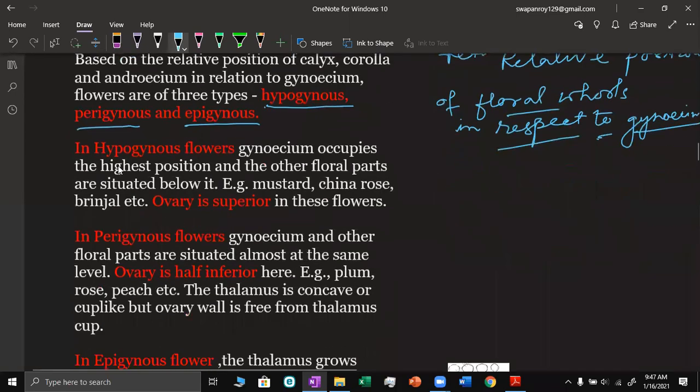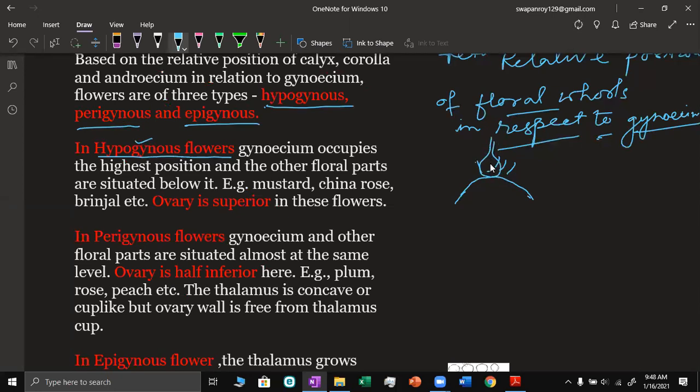Hypogynous means below the gynoecium. That is, androecium, corolla, calyx are below the level of the ovary. So naturally the thalamus on which the floral parts are attached is slightly convex, raised.